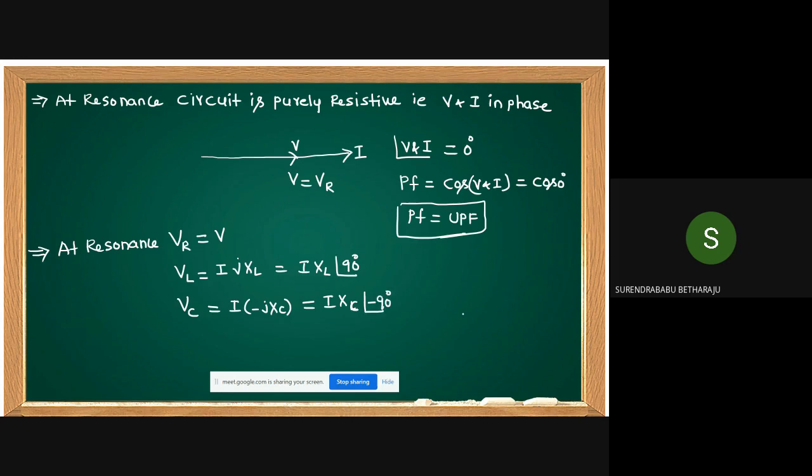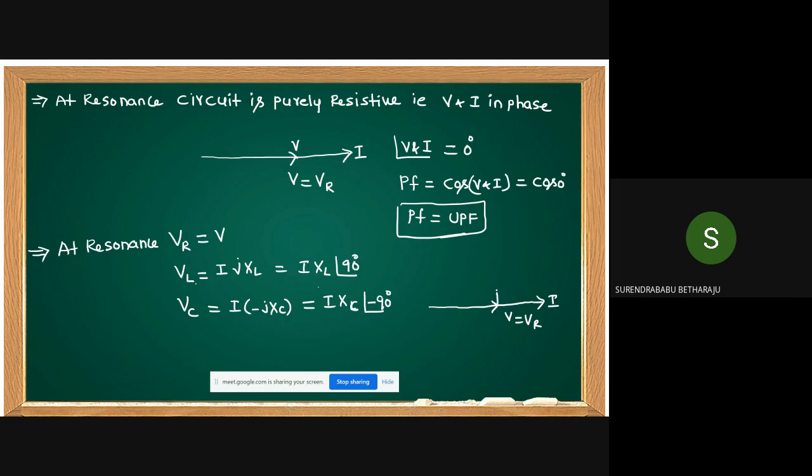Then if you draw the complete phasor diagram, this is I, this is the VR. VR equal to V. Voltage and current are in phase. This V equal to VR. But what is the voltage across the inductor? The voltage across the inductor, that is I into XL, is at plus 90 degrees.